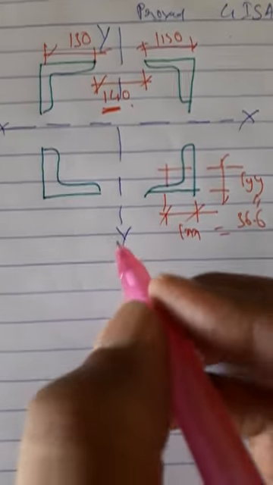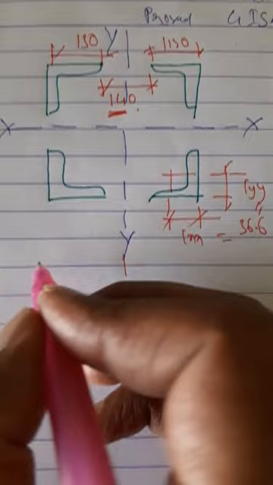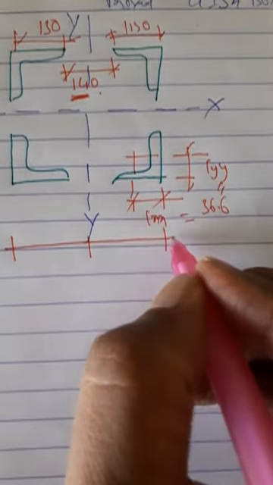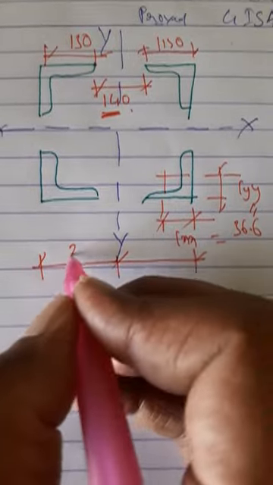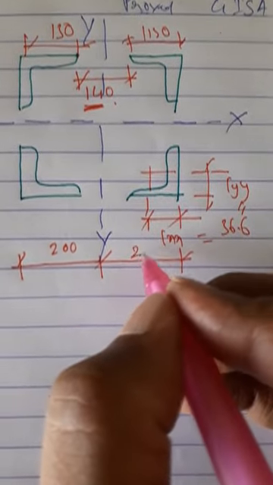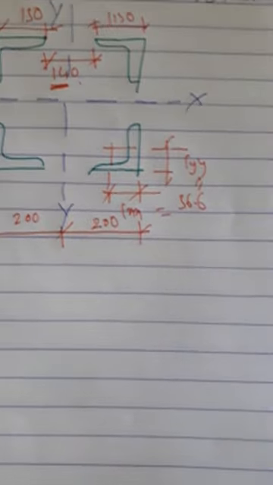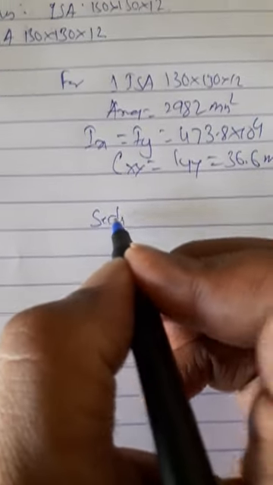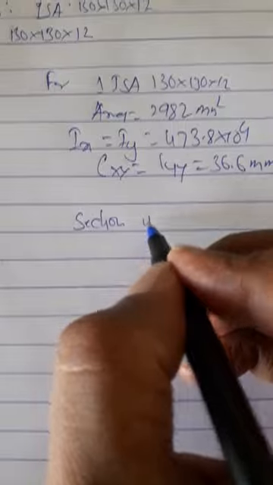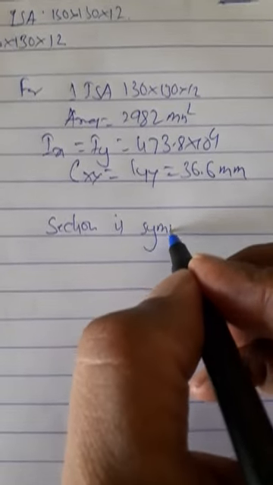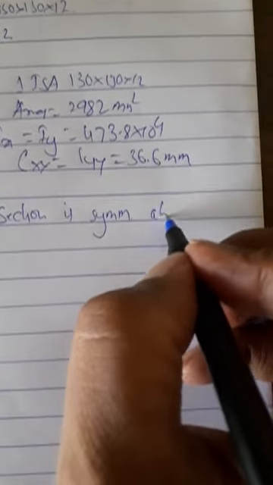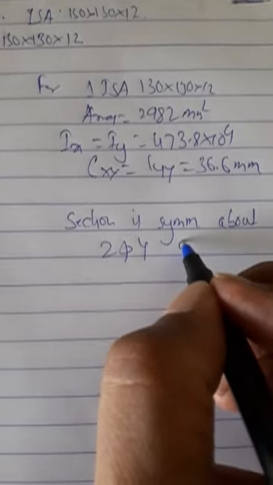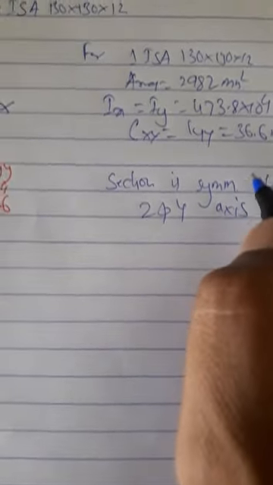Now this dimension from here to here is 200 and 200. The whole is 400, center 200, 200. Now I can write, the section is symmetrical about Z and Y axis.